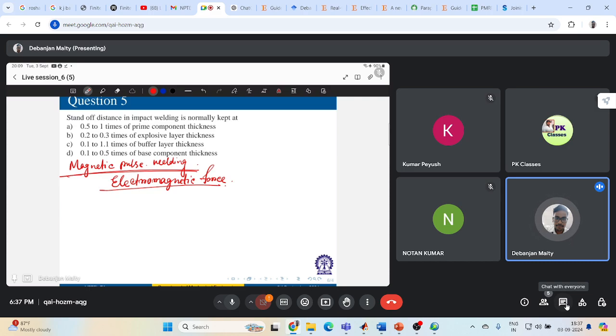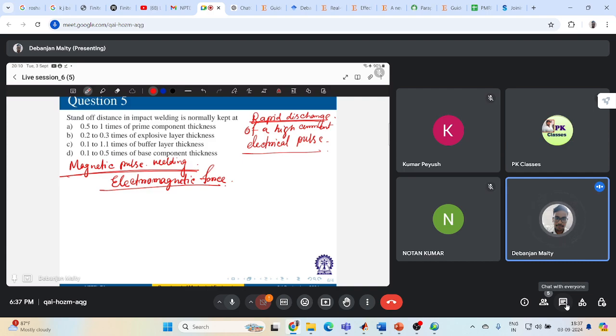Now the process involves a rapid discharge of a high current electrical pulse. There will be a capacitor bank which will store huge energy, and that will discharge very rapidly, creating a strong magnetic field.